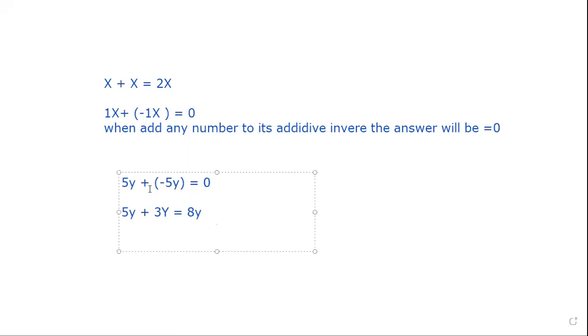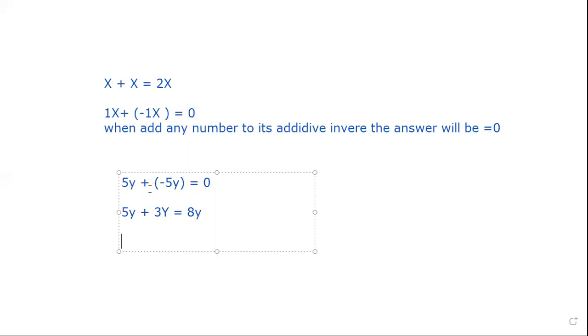Then, who can tell me what you note about what I wrote here? Could you please give me a rule? I wrote 5y plus negative 5y equals 0. I wrote 5y plus 3y equals 8y. You are the teacher now, and please tell me what you note. If it's the number plus its additive inverse, it equals 0.